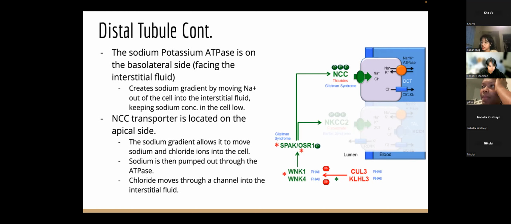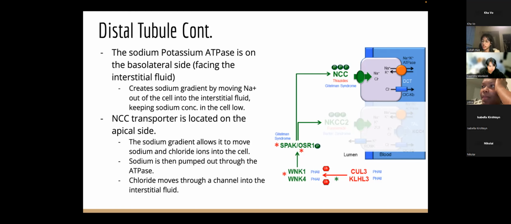And then the next way that you could inhibit NCC is through thiazides. So thiazides are this diuretic drug that you use to treat blood pressure and inhibit salt reabsorption. So basically thiazide just targets NCC. If you have less salt reabsorbed, then you're going to have less water reabsorbed, because water likes to follow salt.